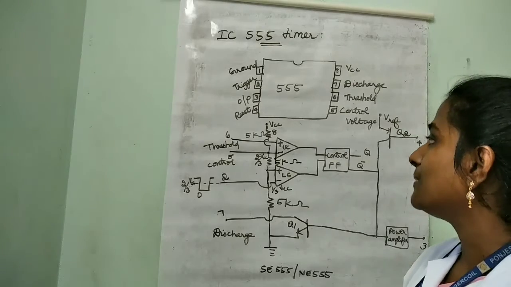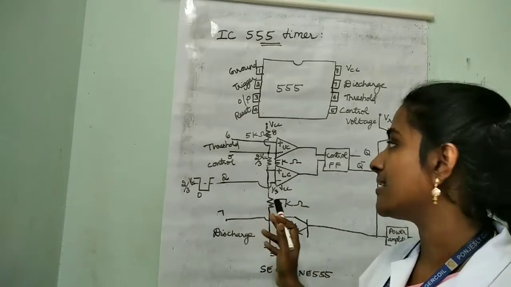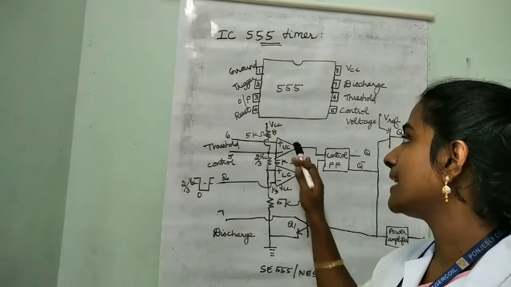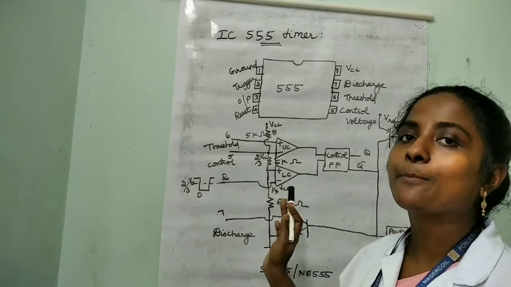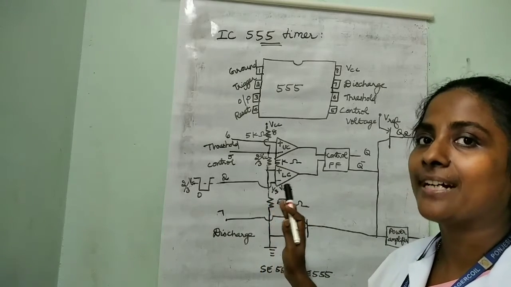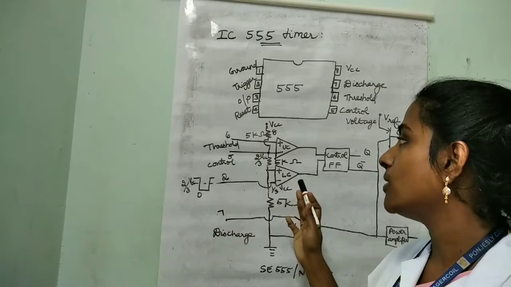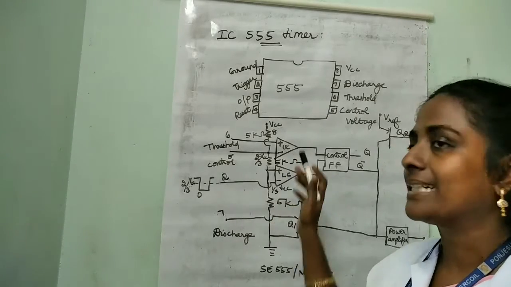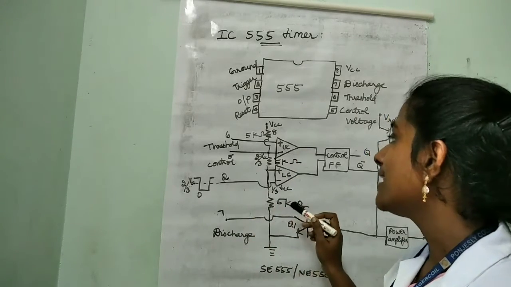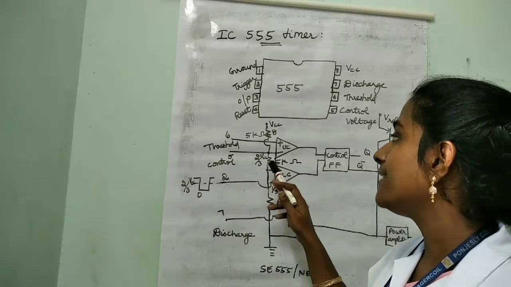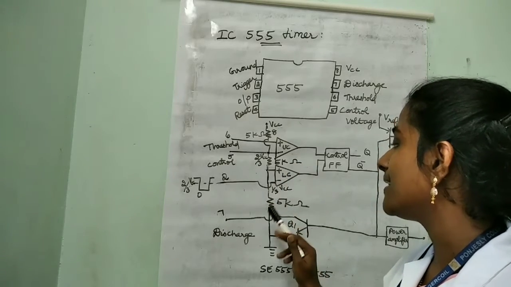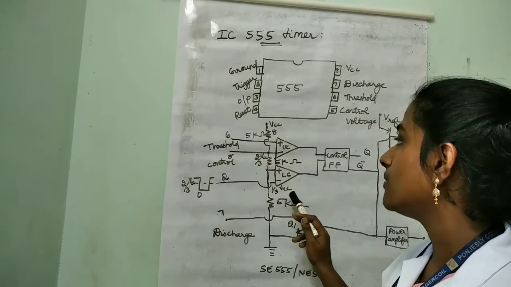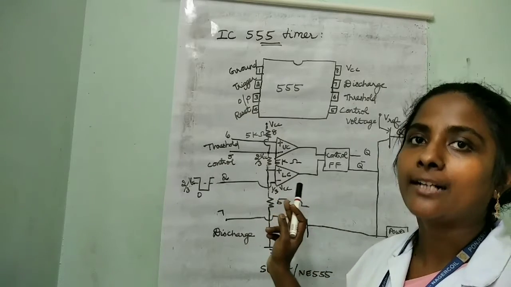We have three internal resistors, each 5 kilo ohm, which provide a voltage divider. By the voltage divider rule, these three internal resistors provide 2/3 VCC to the upper comparator and 1/3 VCC to the lower comparator.